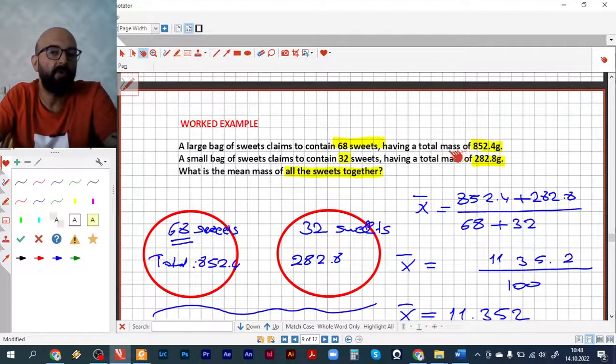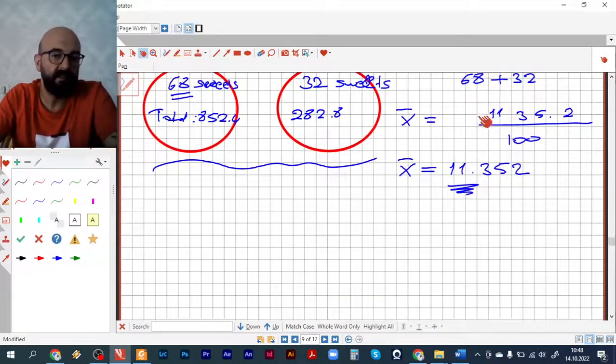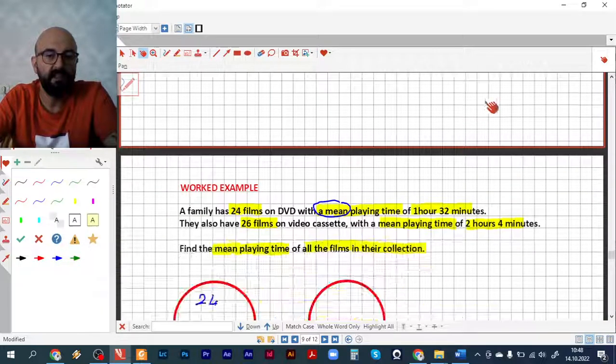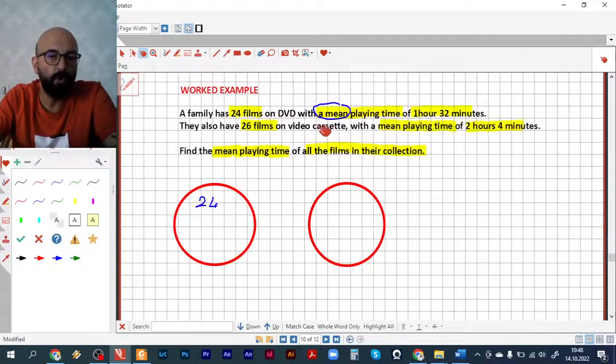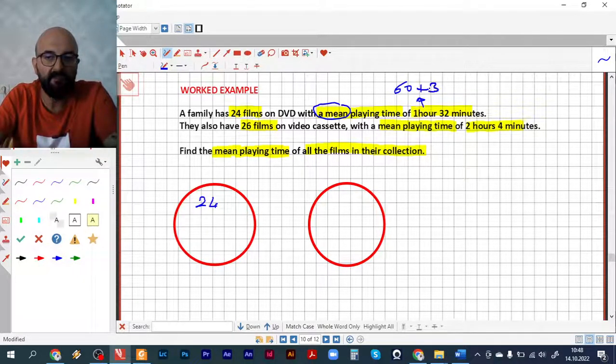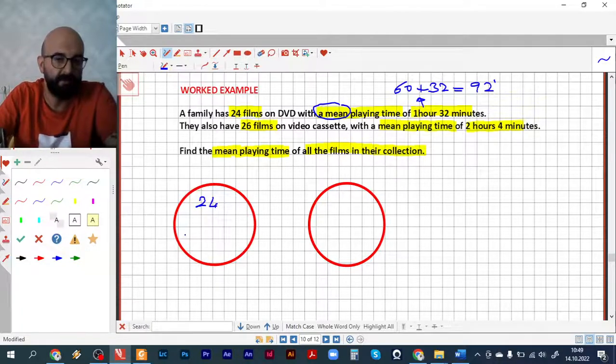They didn't give us the mean, but in this question they give us the first group's mean. So I want to convert to minutes. 1 hour is 60 minutes, and we have 32 minutes, and it becomes 92 minutes.